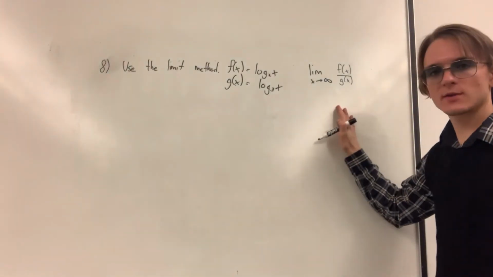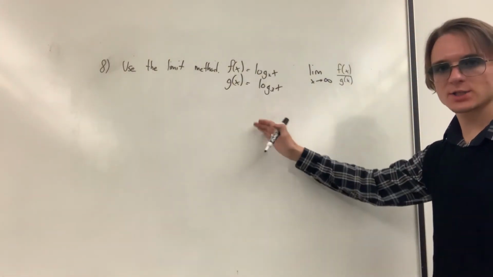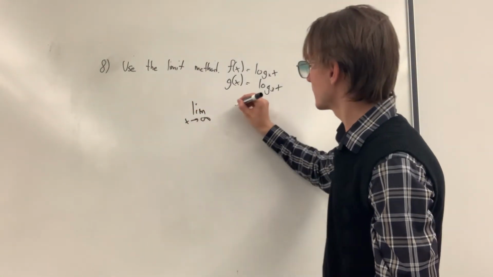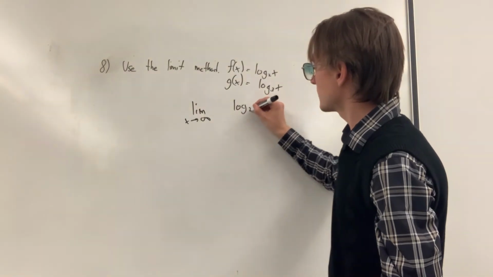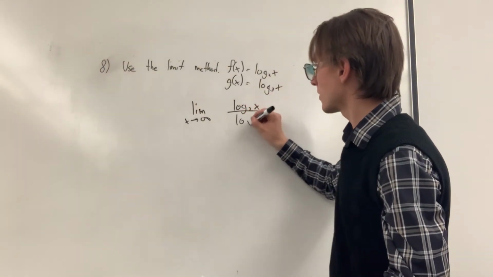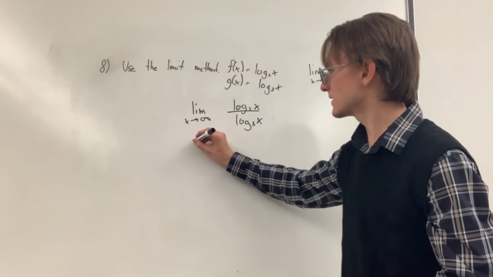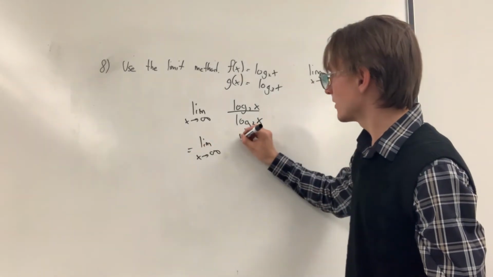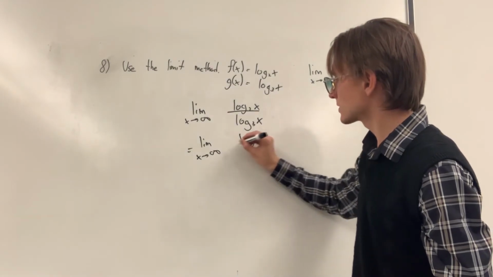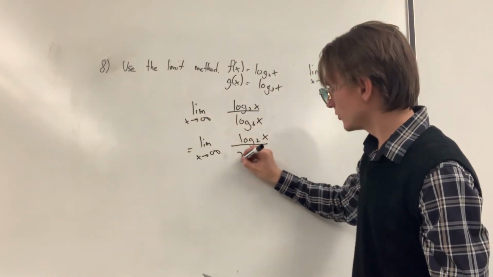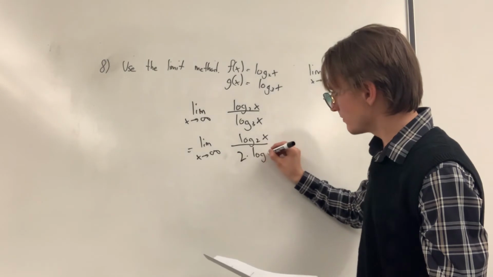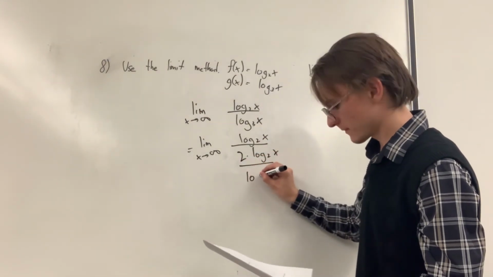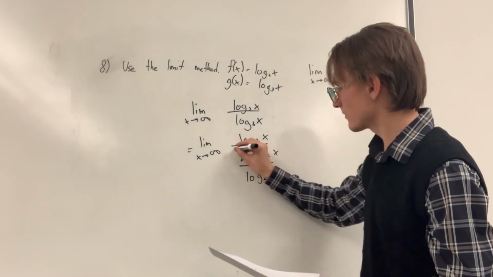We use the limit method with the following rule. We have f of x and g of x. So we get the limit as x goes to infinity of log base 2 x all over log base 3 x. This is just equal to the limit as x goes to infinity of log base 2 x all over log base 2 x all over log base 2 of 3.